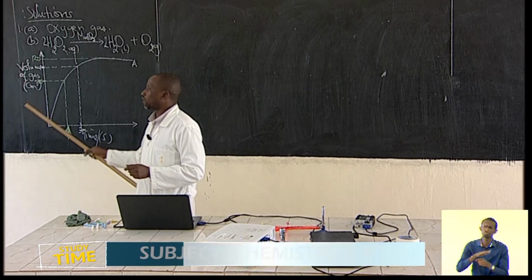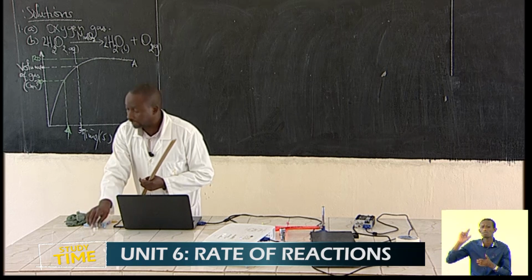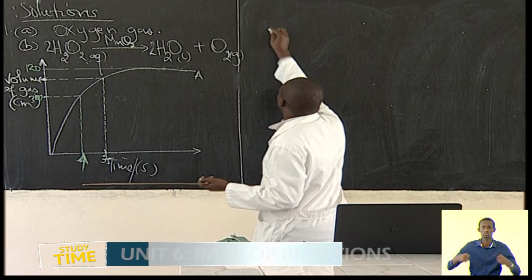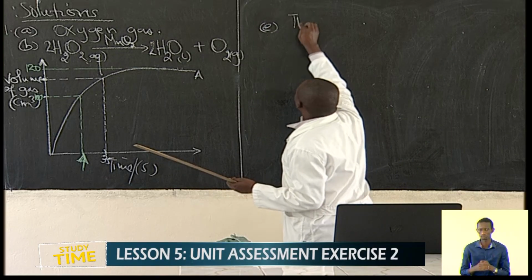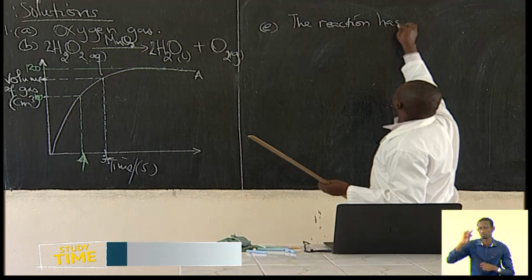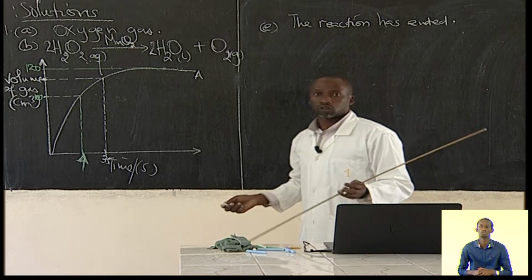Explain why the volume of gas does not exceed. So it means that the reaction has ended. That is the end of the reaction at this point here. So that is part E of the question. So the reaction has ended. That is the end point of the reaction.